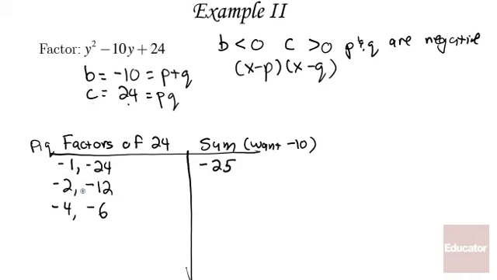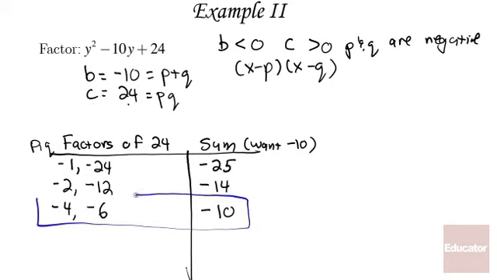Negative 2 and negative 12, that's negative 14, not correct. Negative 4 and negative 6, negative 10. So this is the correct set of values for P and Q. And I know that it's the correct set of values because the product is 24 and the sum is negative 10. That's the hard part. Now I just need to put it in the correct form.